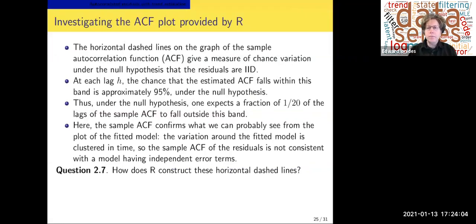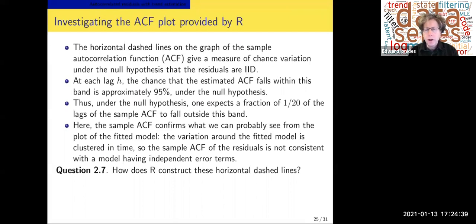Okay, so how are we going to understand more what this R plot is telling us? Well, the bottom line is we need to know what R has produced for us. We want to think that the horizontal dashed lines of the graph of the sample autocorrelation function give a measure of chance variation under the null hypothesis that residuals are independent identically distributed.